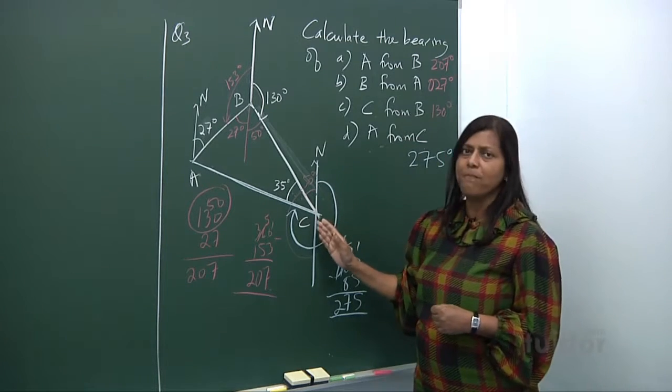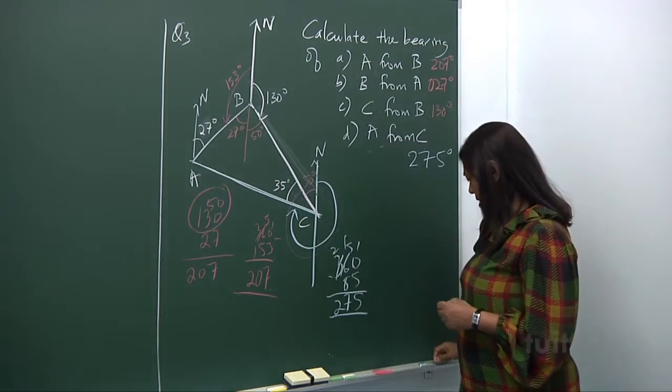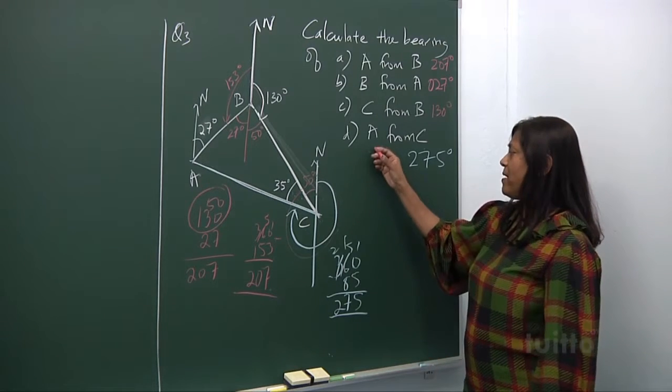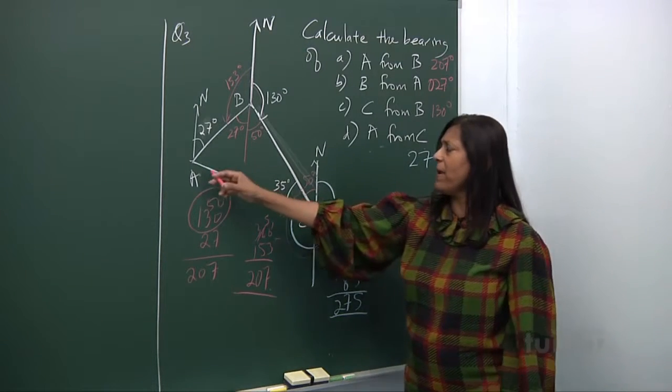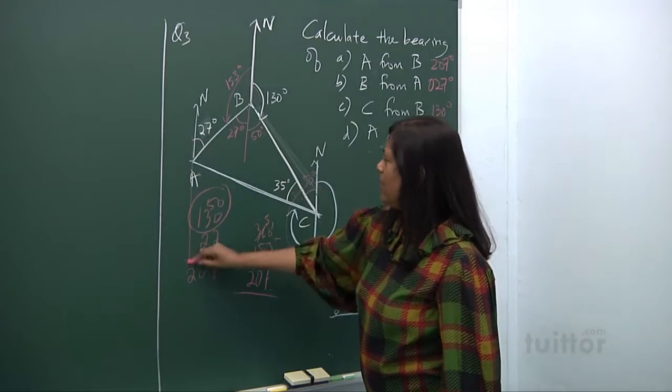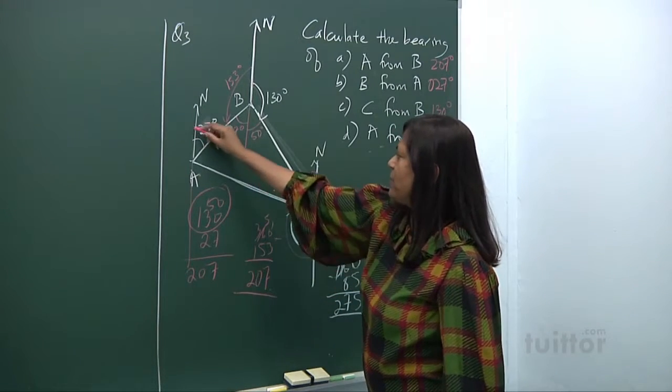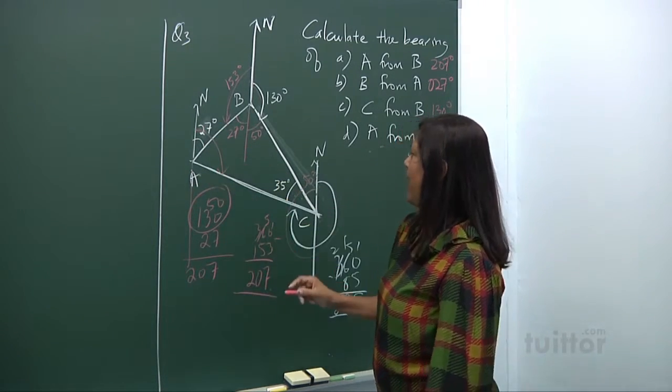A from C, the starting point is C. And if I asked you, what's the bearing of C from A? All you will have to do is find out what this whole angle is.